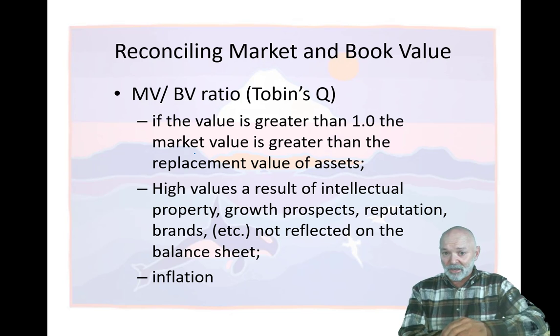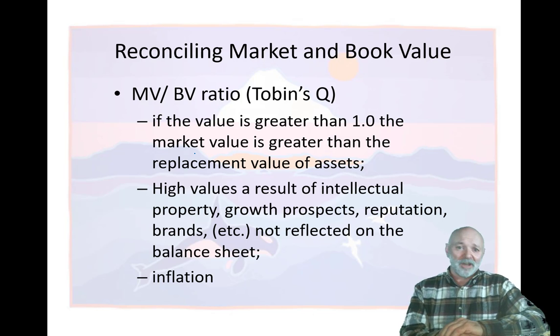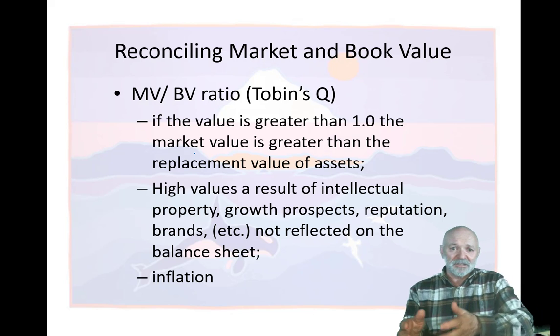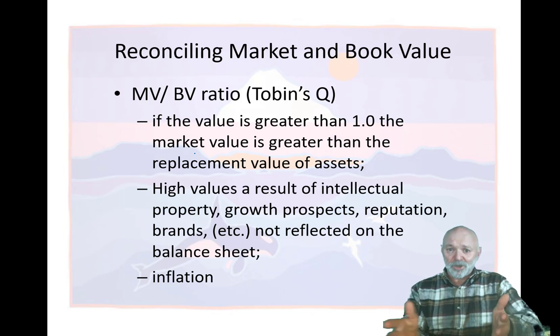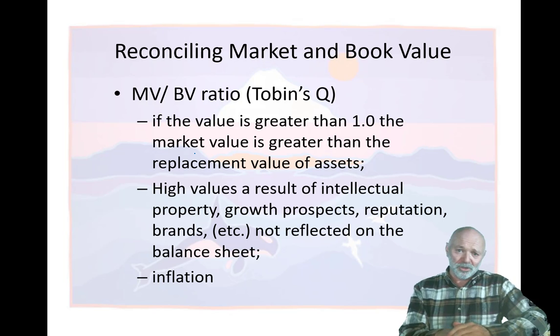There are a number of other reasons for a high market to book value ratio. If you're in a hyperinflationary economy, or a company that's been built over decades, perhaps even a century, many of their assets may be underpriced because over time the value's grown. If somebody bought a building for $1 million in Vancouver 20 years ago, and you look in their books, the book value of that building is still $1 million.